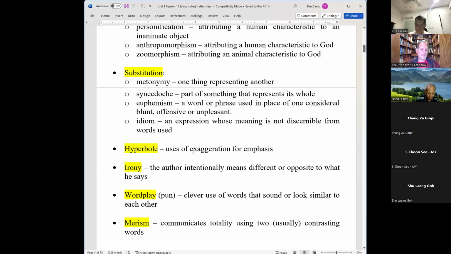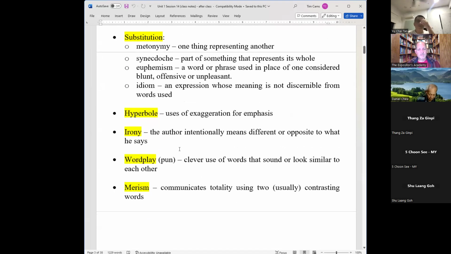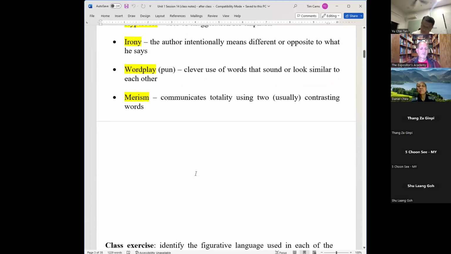Many examples of that we'll see. Hyperbole is exaggeration. Irony, which we just talked about a moment ago, is where the author intends to mean something different or opposite to what he says. Wordplay, and then merism. Merism is the totality of something communicated through two usually opposite words: heaven and earth, day and night, forever and ever, from the east to the west. Those would be examples of merism.